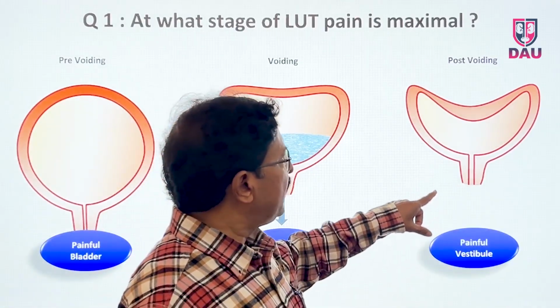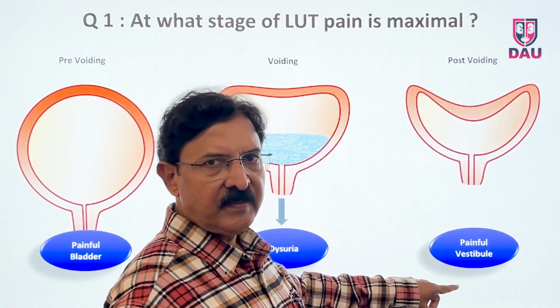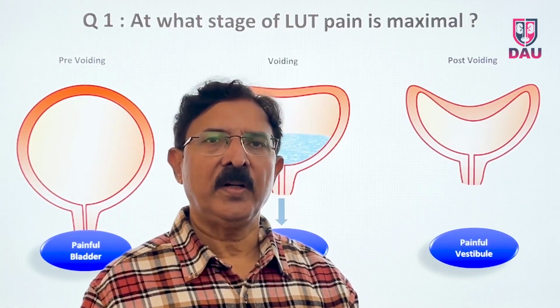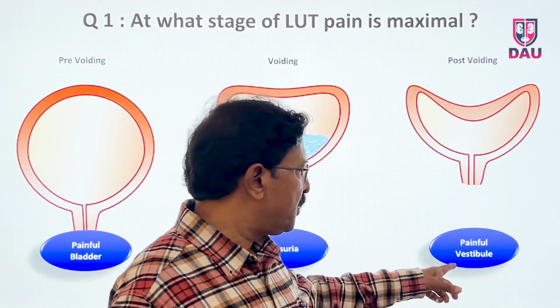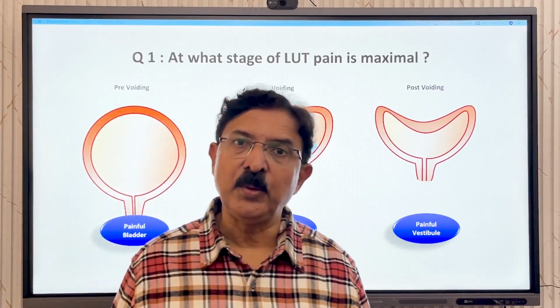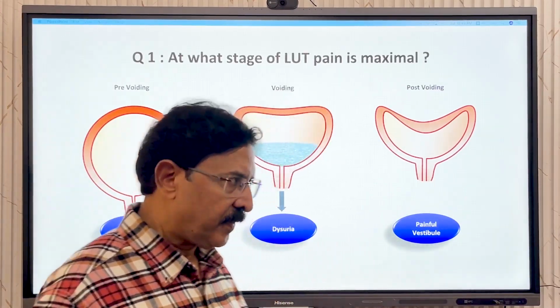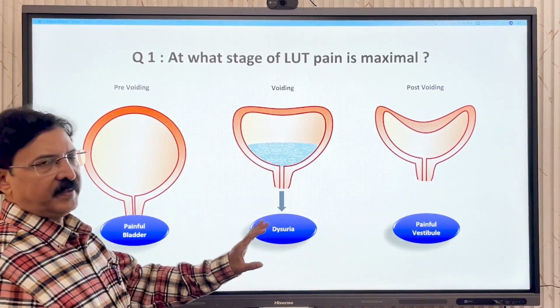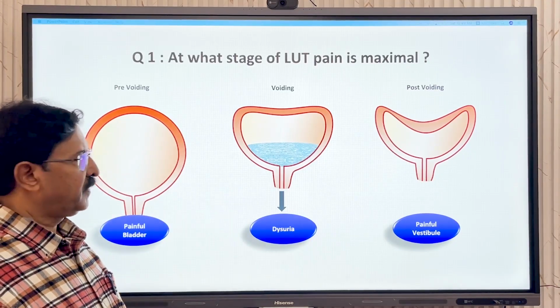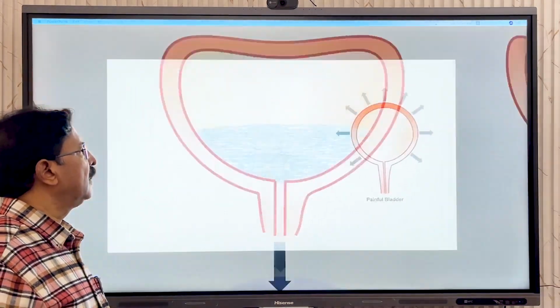If the patient explains pain after voiding, usually in the area of the external genitalia or around the urethra, this is a case of painful vestibule. Now this is key to the understanding of further diagnosis making. Where is the pain? In which stage of the urinary tract cycle is the pain?